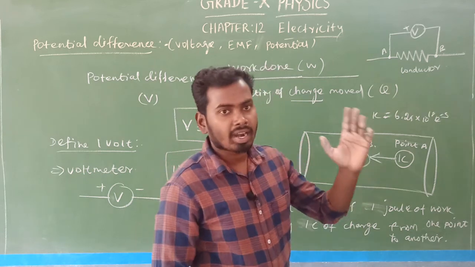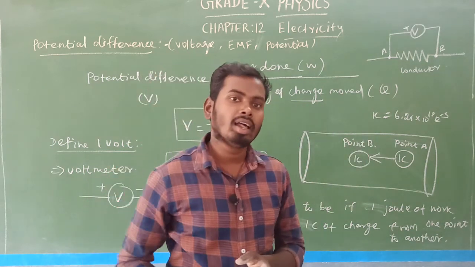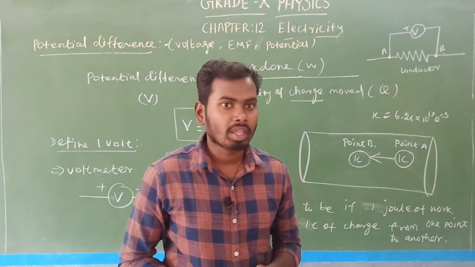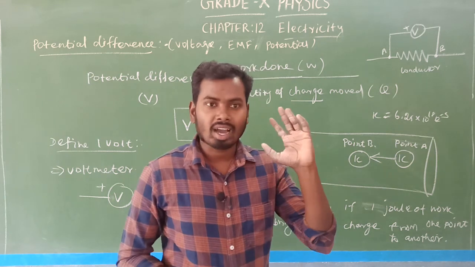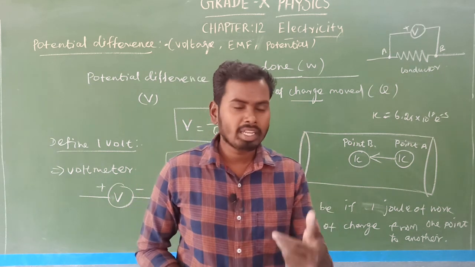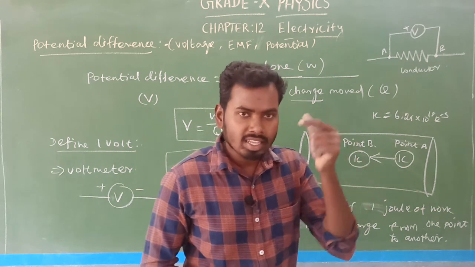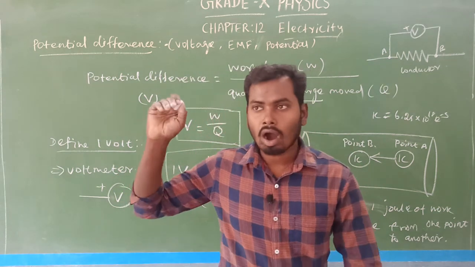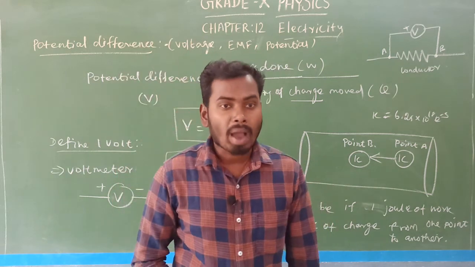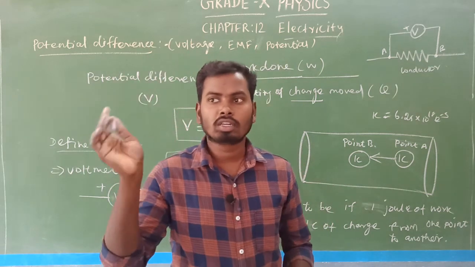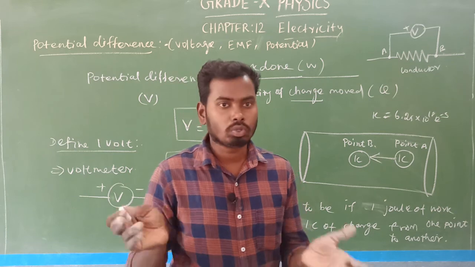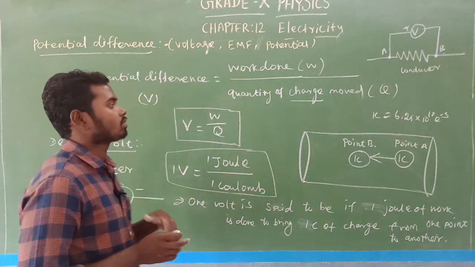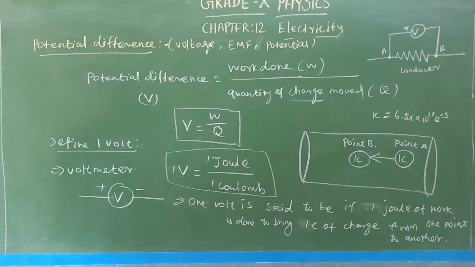If we connect the voltmeter in parallel, it takes a negligible, very small amount of current. Due to this the voltmeter is always connected in parallel across the two terminals. That's all, students, a very easy concept.